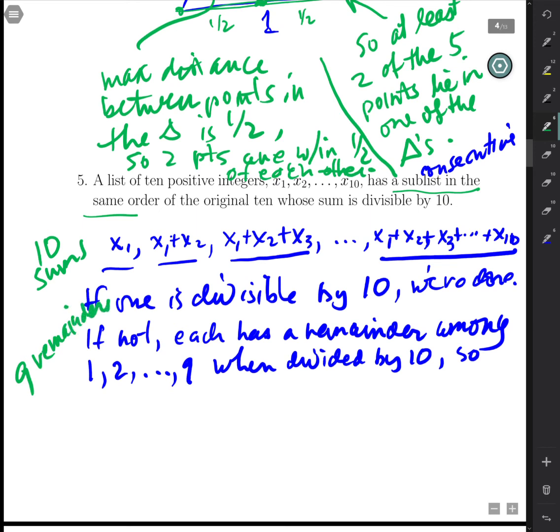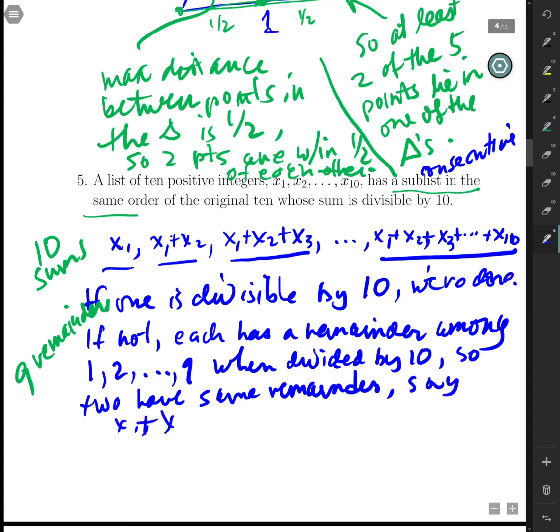So 2 of these have the same remainder, say x1 plus x2 plus through xj, and x1 plus x2, etc.